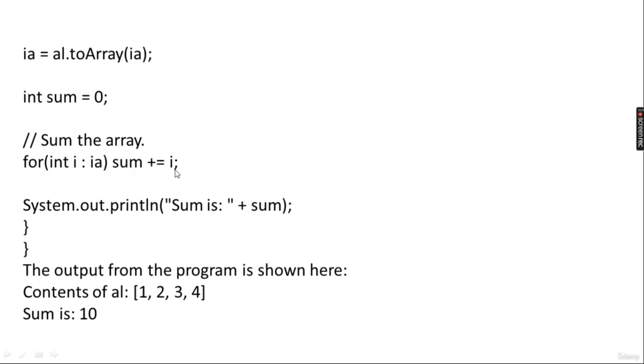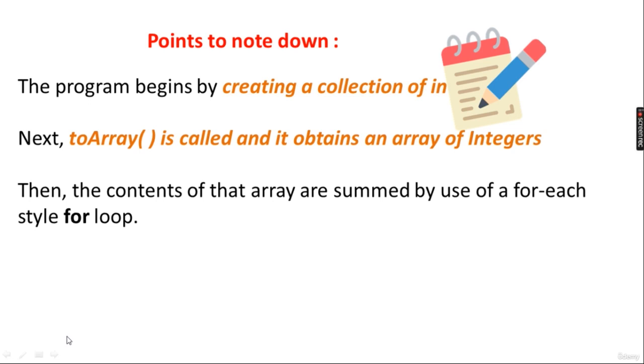Sum = sum + 1, then again sum = sum + 2. That will be 1 plus 2 plus 3 plus 4. 1 and 2 and 3 will be 6, and 4 plus 6 is equal to 10. The output from the program is shown here: Contents of AL 1, 2, 3, 4, sum is 10.